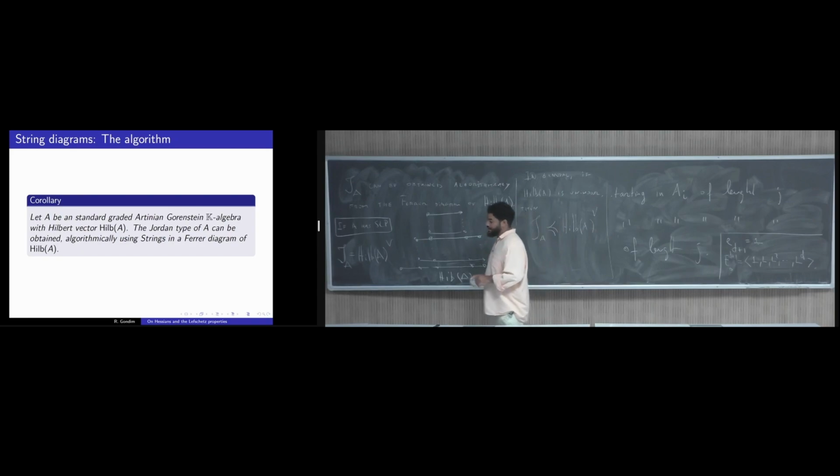So we have to understand how to use Macaulay-Matlis duality and use the geometry to get the Jordan type.